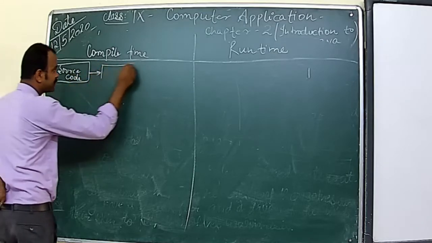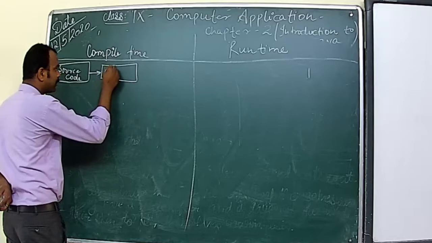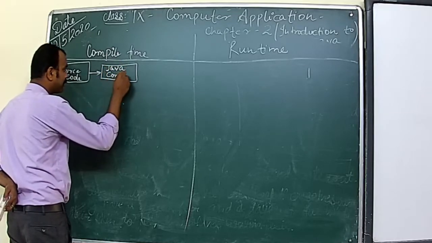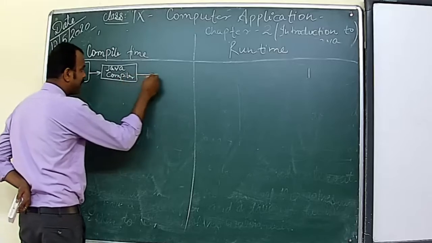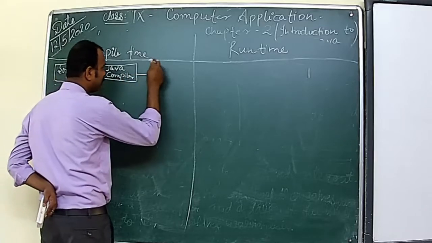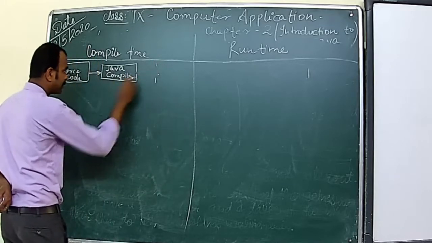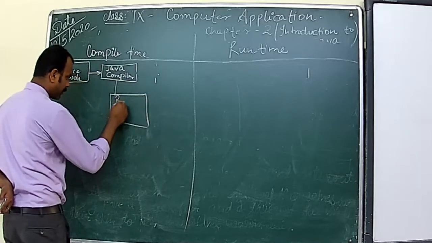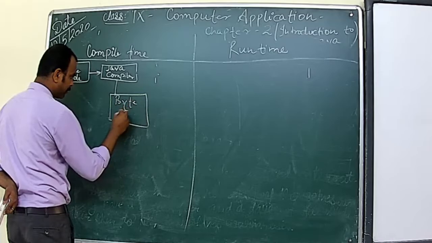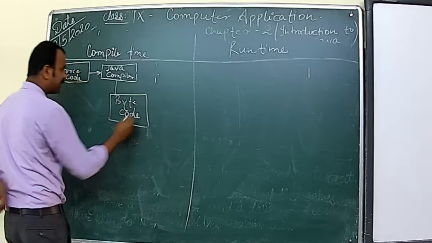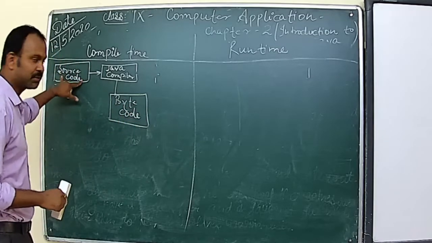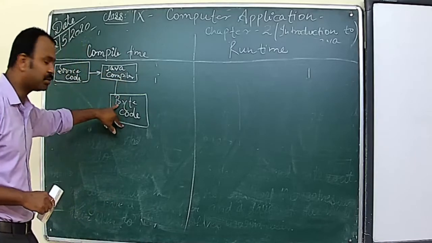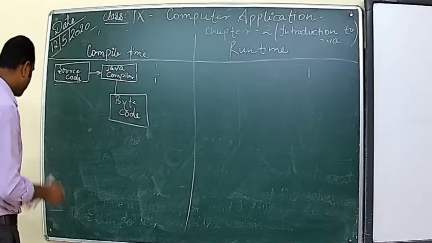It goes through the Java compiler, and it is converted into bytecode. As soon as we compile our source code with the help of the Java compiler, it will be converted into bytecode. We'll see one example.